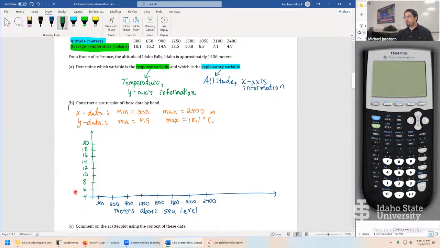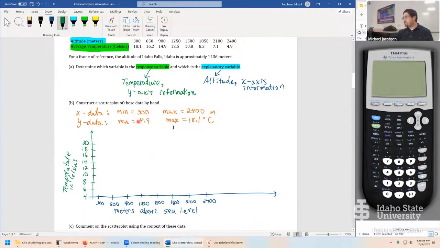And then the vertical direction, this was the average temperature Celsius. I'll abbreviate that again to just temperature. And just to be specific, I'll say in Celsius.